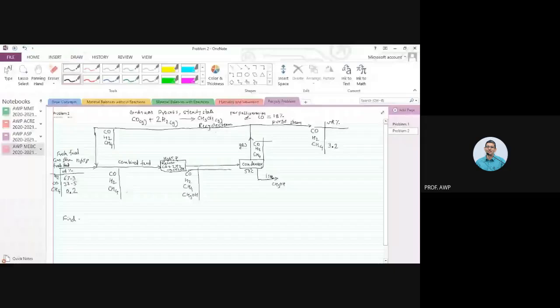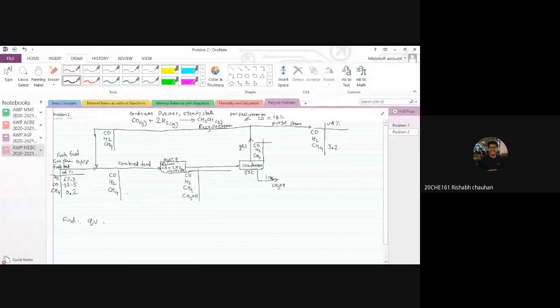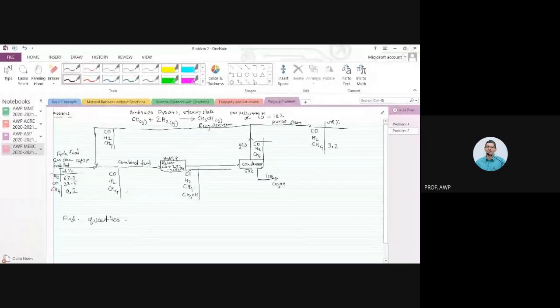Sir, can you repeat why we have added the purge stream? If I don't add the purge stream, and I take the overall control volume, methane is not reacting. Methane will keep on accumulating because methane is always coming in from the fresh feed. Then my reactor will see a lot of methane, very little carbon monoxide, very little hydrogen. That's not good because I want to make methanol from carbon monoxide and hydrogen.